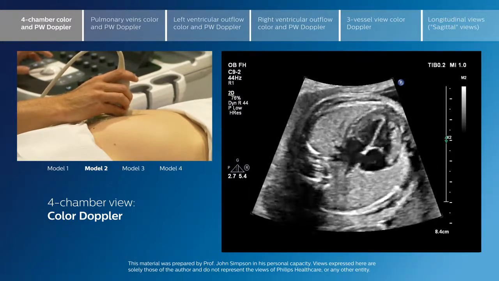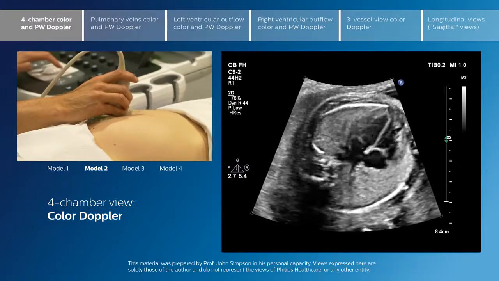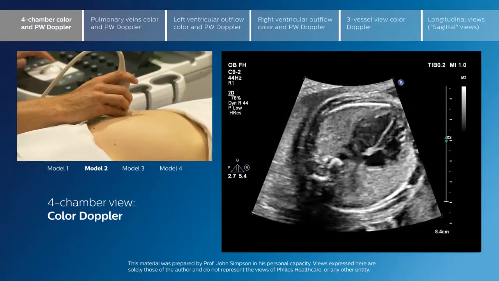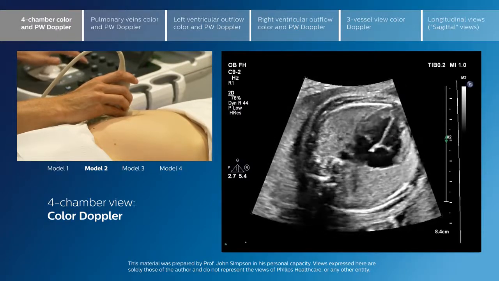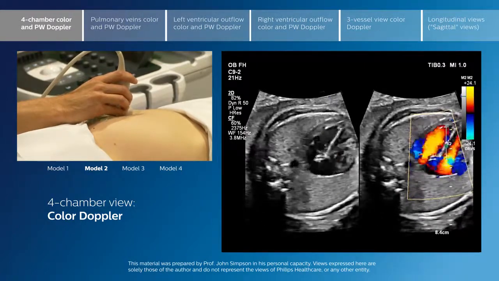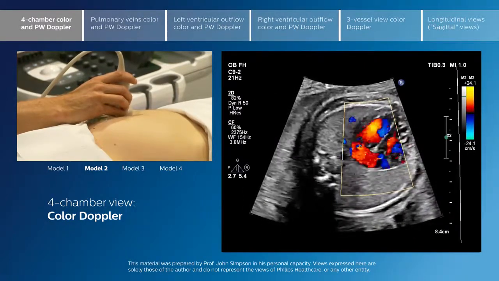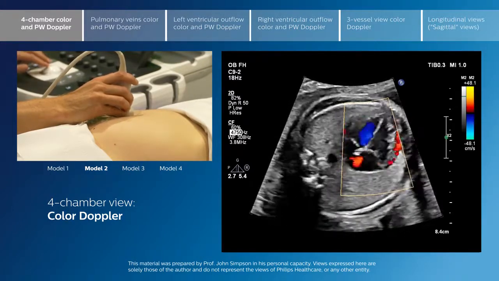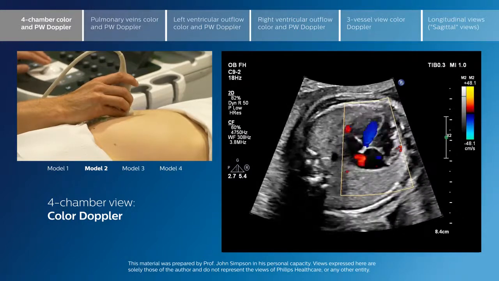So here I've gone back to the 4-chamber view, and what we're seeing are the symmetrical size of the left and right ventricles, the opening of the tricuspid valve, and we are now seeing the flow into both the right and left ventricles of the heart.